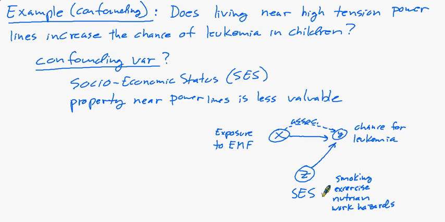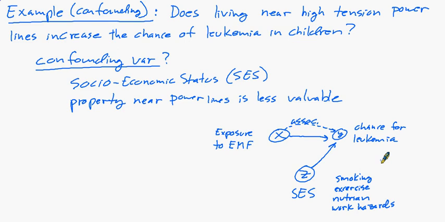But if you look at the whole population, there are generalizations that can be made. And do you think these might have a direct influence on leukemia? Well, yeah, there have been studies done, especially for smoking and certain work hazards. There are direct correlations there. And so this is another form of influencing the outcome of the study.